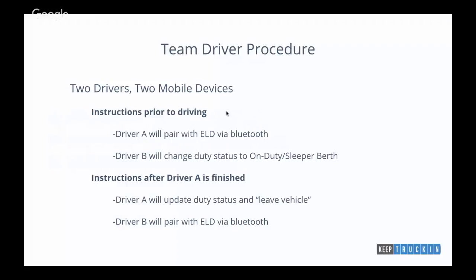Driver A will complete their driving events for that day and then update their duty status to either on duty or sleeper berth and then leave the vehicle. This is in the same place where a driver connects to a vehicle via Bluetooth. Driver A will need to leave the vehicle. After that, driver B will pair with the ELD via Bluetooth and do his driving events for that day.